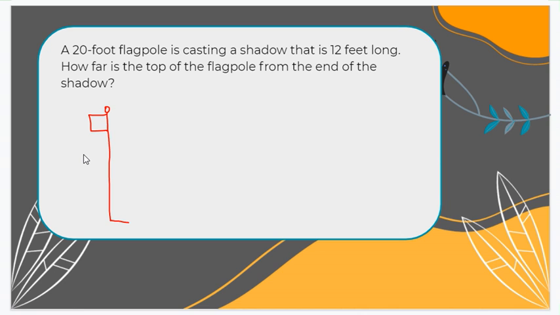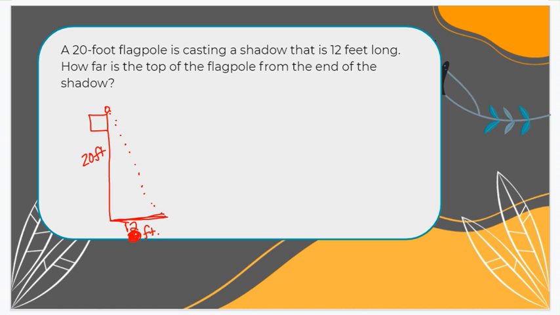My flagpole is 20 feet tall, so let's label that 20 feet. And then down here, this is only going to be a 12-foot shadow. So that means the sun's pretty directly above. Oh, I put 20. That's supposed to be 12. Let me scribble. 12 feet shadow. How far from the top of the flagpole to the end of the shadow? So we want to know how far it is from here to here.